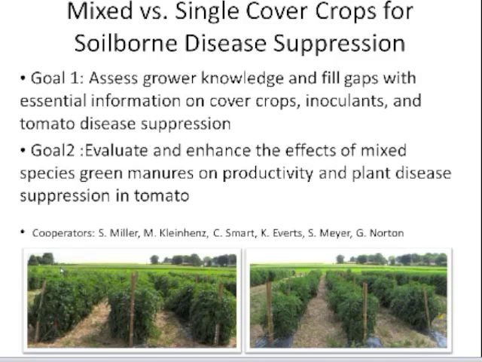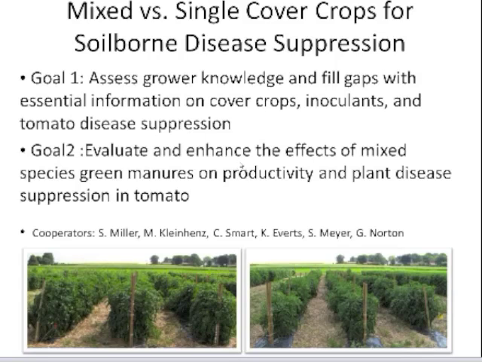crops did. So our goals were twofold in this study, and this is a multi-state study funded by the Organic Research and Extension Initiative of the USDA. The first was to assess knowledge gaps of growers related to cover crops and microbial inoculants as they relate to vegetable disease suppression.